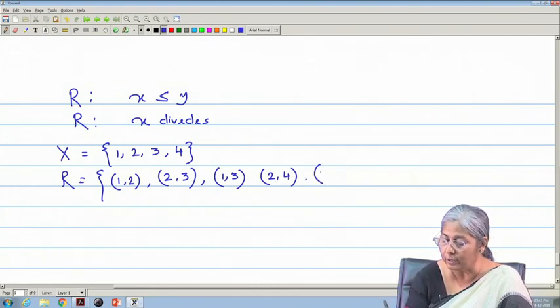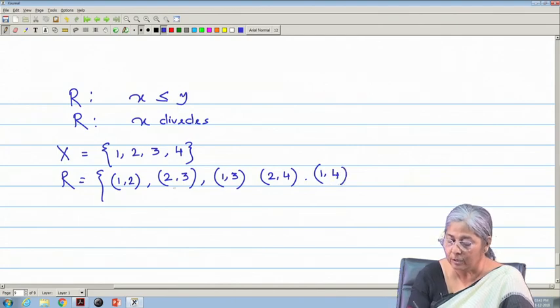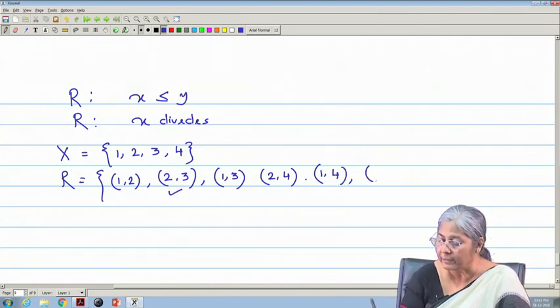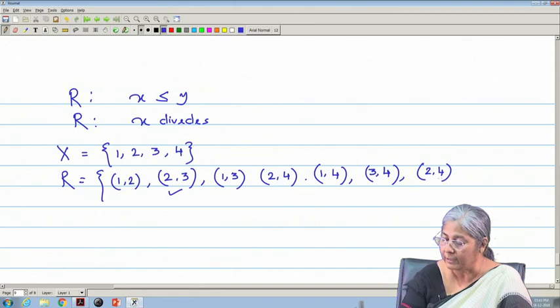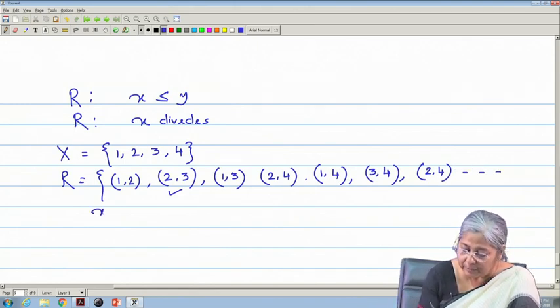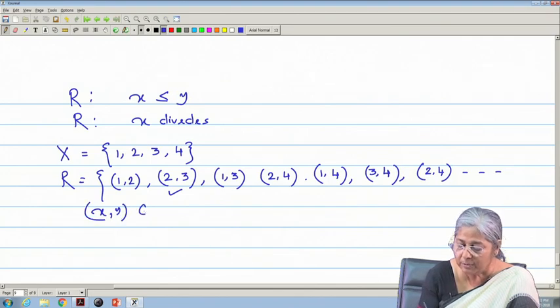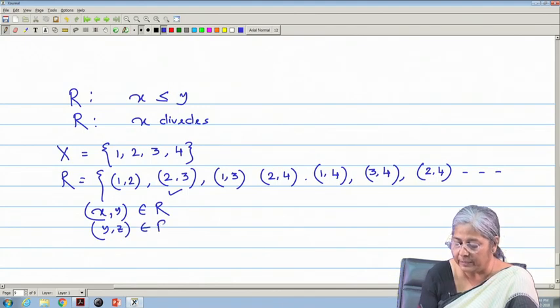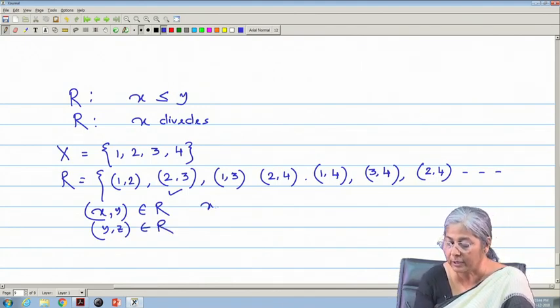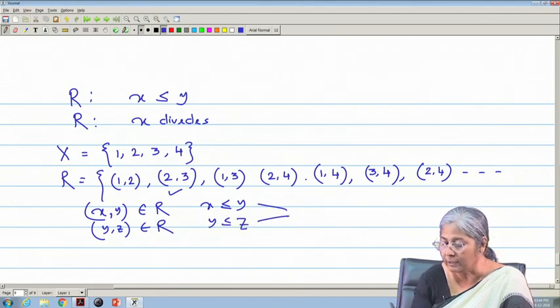It means that if (x, y) belongs to R and (y, z) belongs to R, then because x is less than equal to y and y is less than equal to z, I get x less than equal to z.